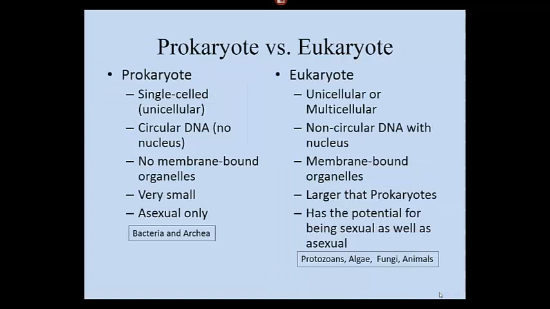So moving on, with prokaryotes versus eukaryotes, to summarize some things I just said, prokaryotic organisms are single-celled or unicellular. They have a circular piece of DNA that is not contained within a nucleus. There are no membrane-bound organelles. These are very small organisms.